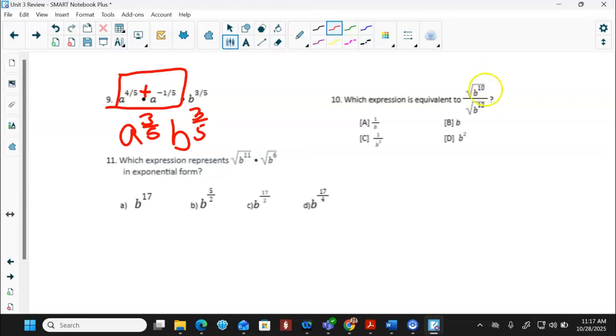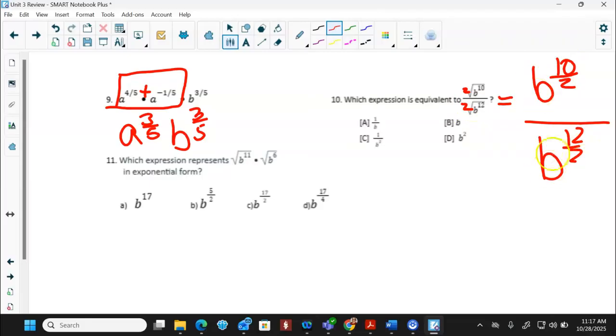All right. Now here I'm going to convert it for question 10. I'm going to change this. Remember that there is a 2 there, not a 1. So we are going to change this to B 10/2 and a B 12/2. Of course, now we have a B on the top, B on the bottom, so we can subtract the top minus the bottom. Okay.